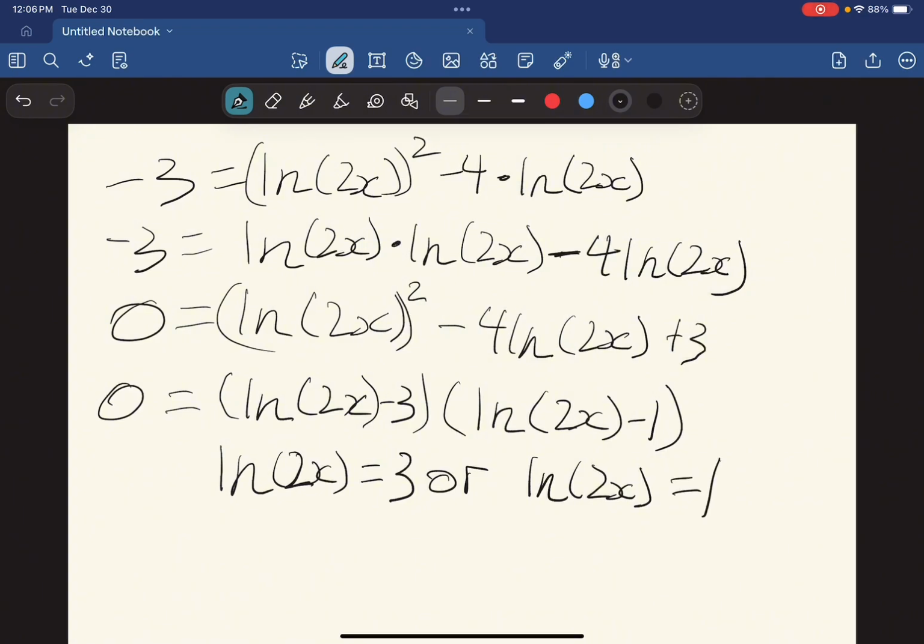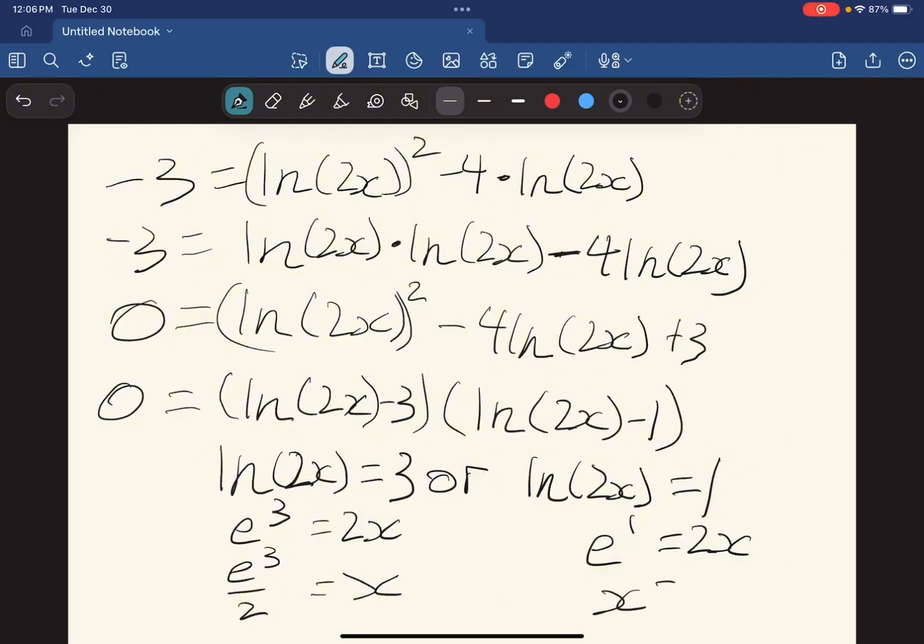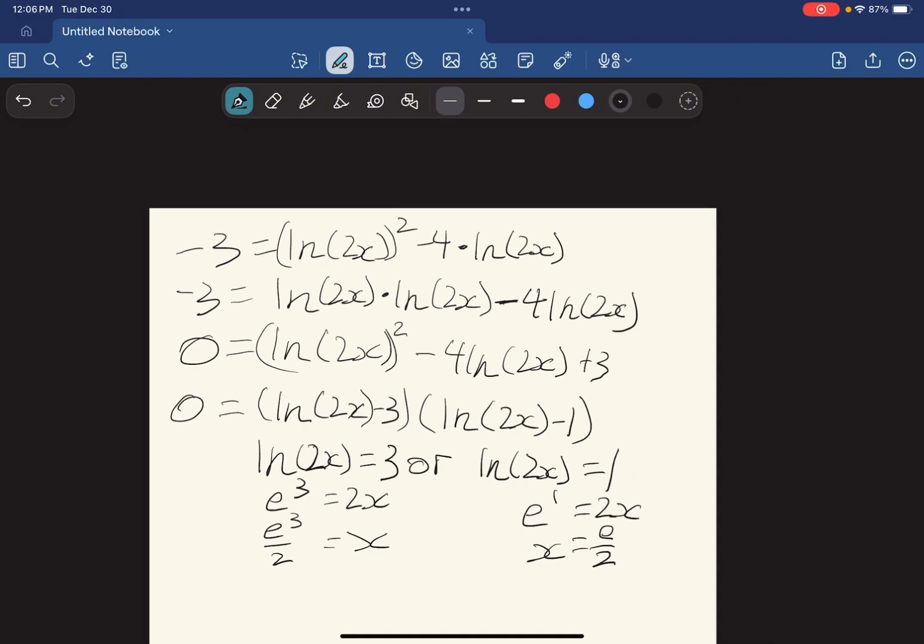And just knowing that ln is log base e, we can do e to the 3 equals 2x, or e to the 1 equals 2x, which makes it simple to just be x equals e cubed over 2, or x equals e over 2, right?